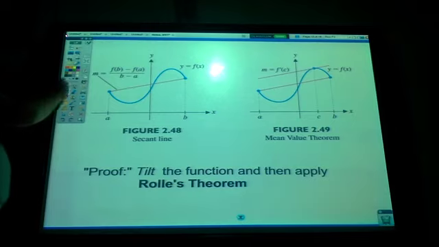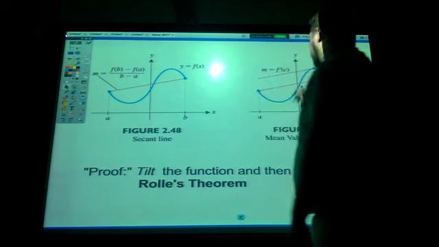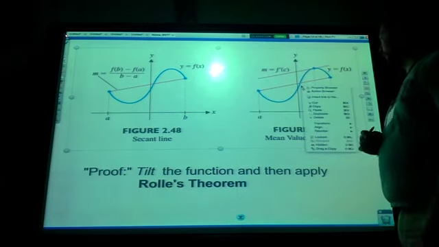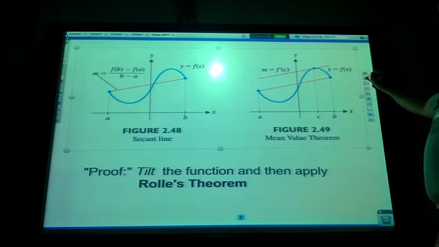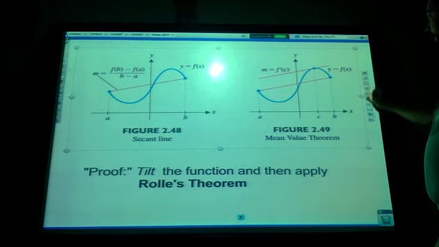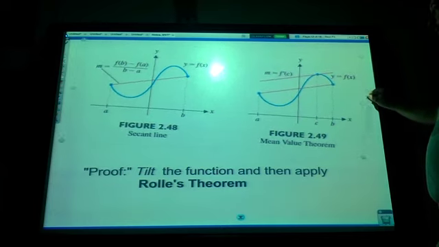Now we won't get into the full proof of it. You can look at that in your book. But basically what it does is it takes this graph where f(a) and f(b) are not the same, and it tilts it.